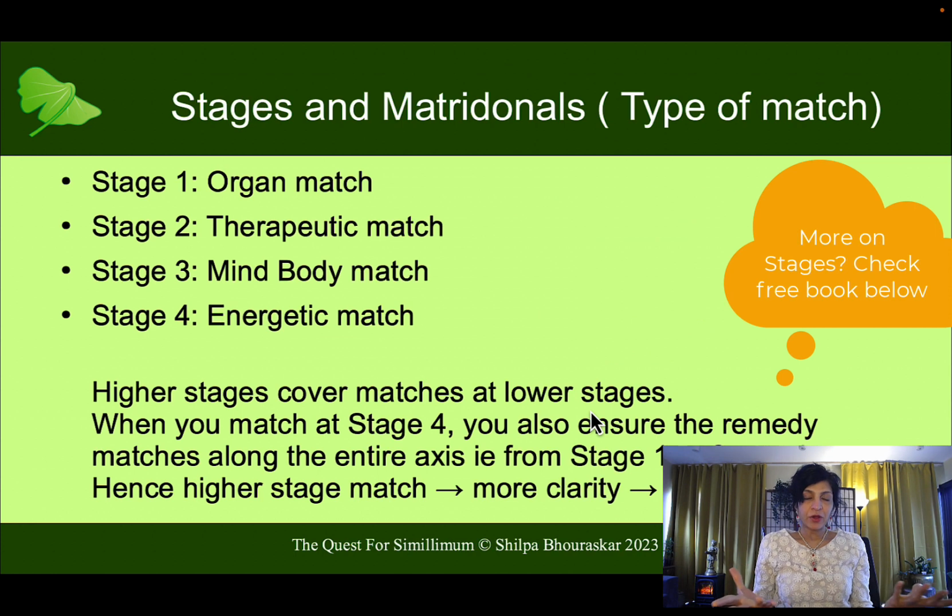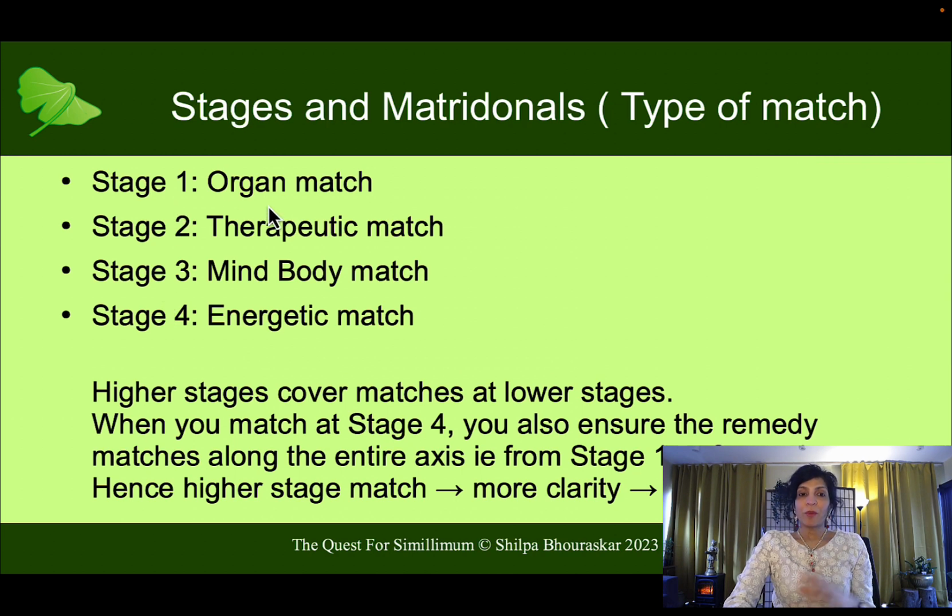So every group, every remedy is always studied in 4 different stages. When you start studying the Materia Medica of these remedies as a group, we have 4 different stages. Stage 1 is where you're matching the remedy at the level of the organ or the pathology, the pathophysiology, or at the level of the system.